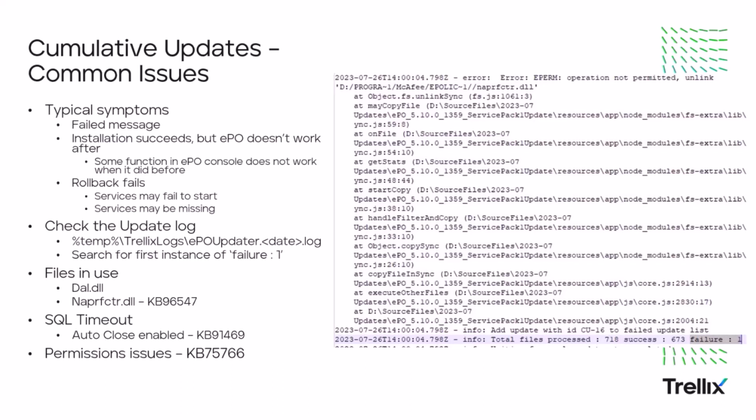KB 75766, which has been out there for quite some time, outlines the permissions that SQL account needs. There are different permissions needed for normal everyday use of EPO and permissions needed for an actual upgrade or cumulative update install. So check that KB, and make sure the account listed in core config meets those requirements before you run the update.